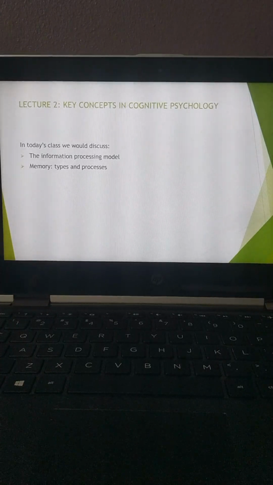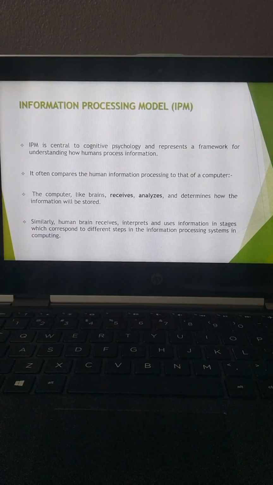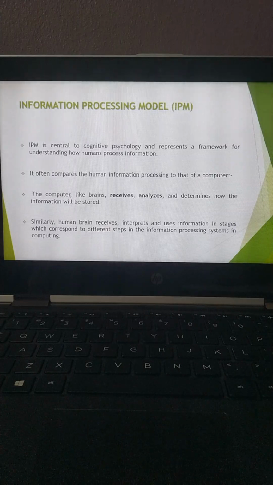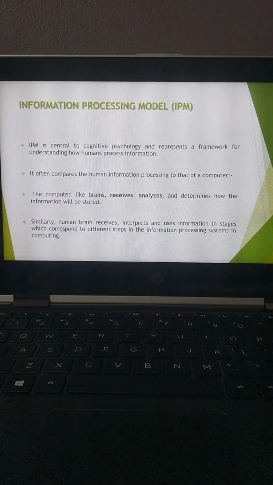Moving on. What is the information processing model? The information processing model, also known as IPM for short, is central to cognitive psychology and represents a framework for understanding how human beings process information. It compares human information processing to that of a computer.